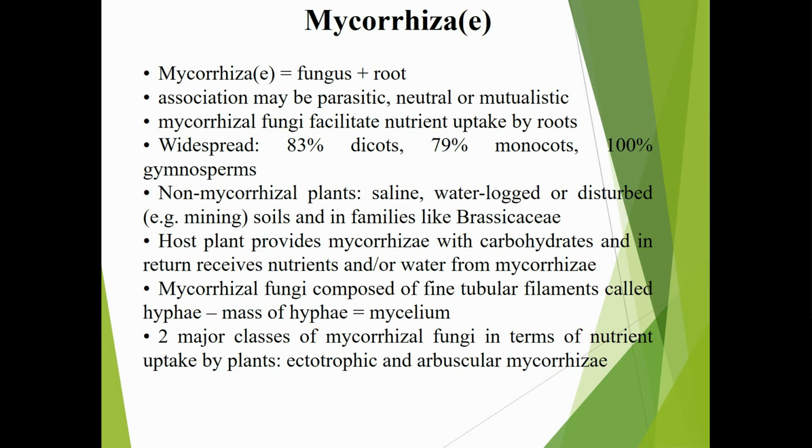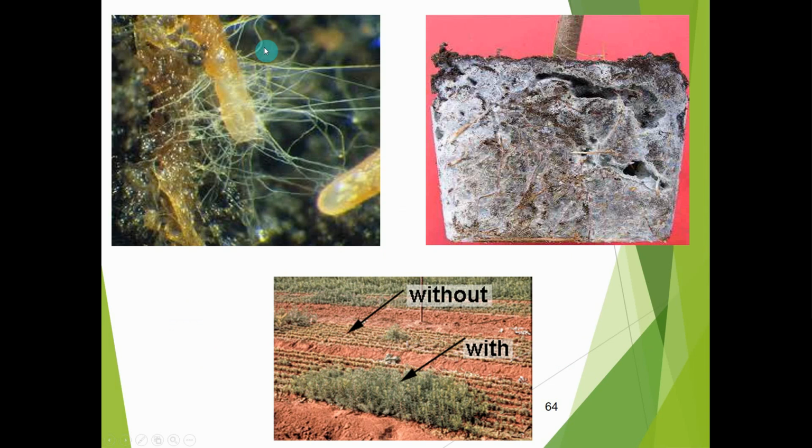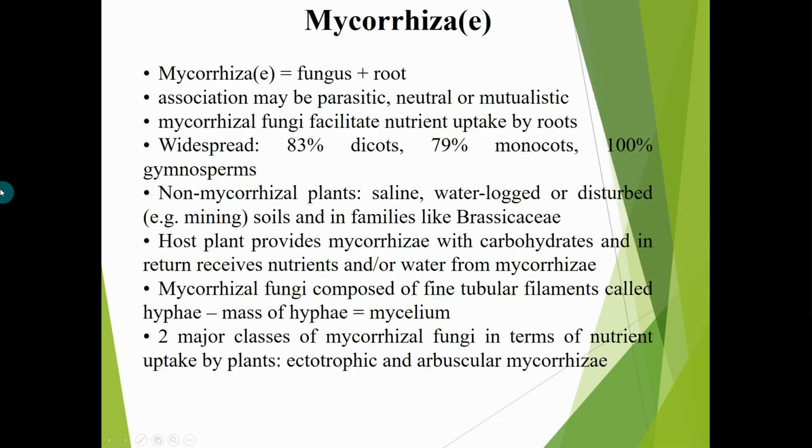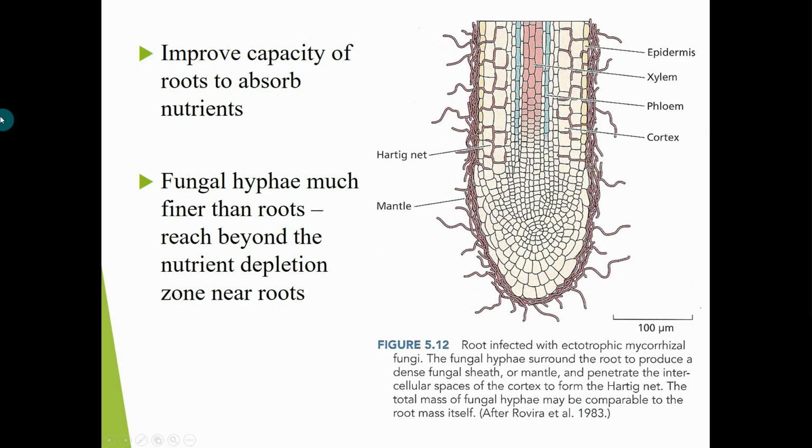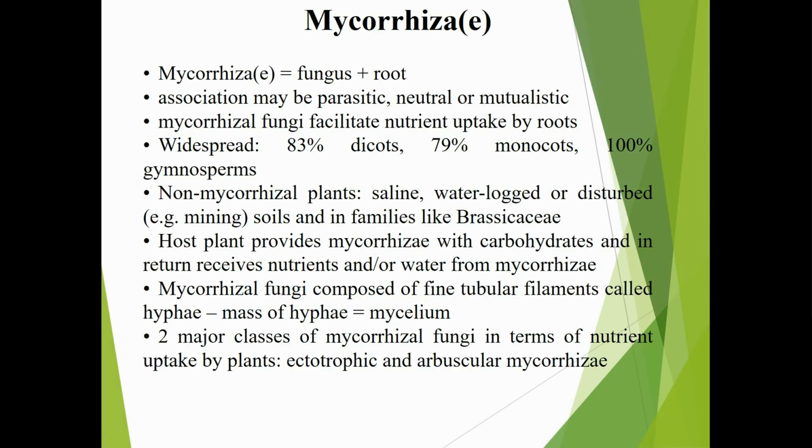Now, please don't get confused with a lot of terms, but these fine little tubes over here, these fine little hairs, if you want to say that, they are called hyphae, and a massive hyphae is called mycelium. Okay, so don't get confused. So here you go, one hyphae, lots of mycelium. And don't quote me on the pronunciations. Just as long as you know how to spell it, it's fine.